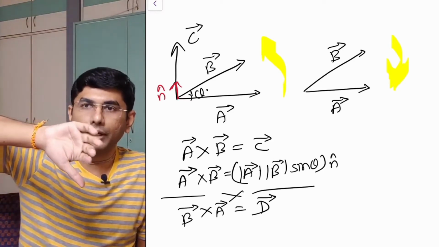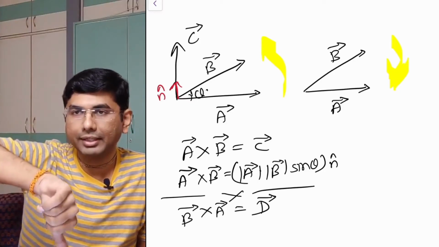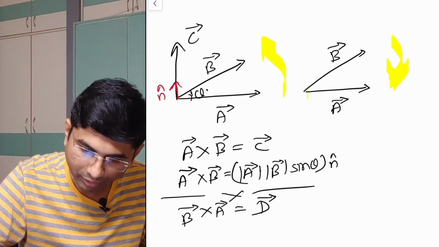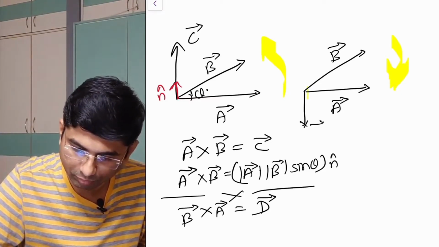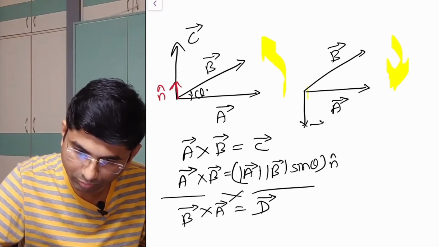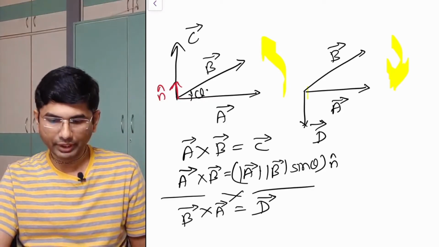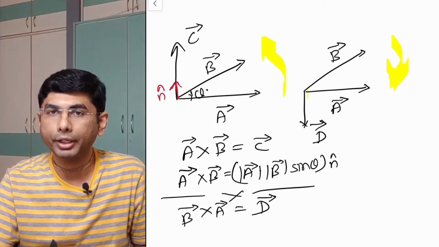I just have to curve my fingers from B to A, and then the direction goes downward. Now here the direction of the D vector will be downward. This is my D vector. So that's why we can say that A cross B will not be equal to B cross A.